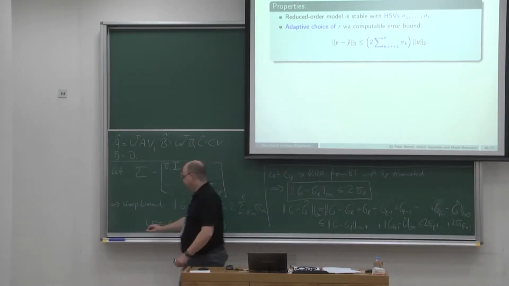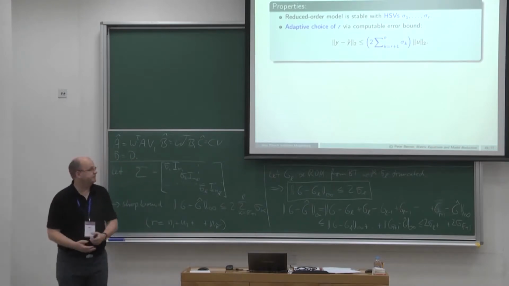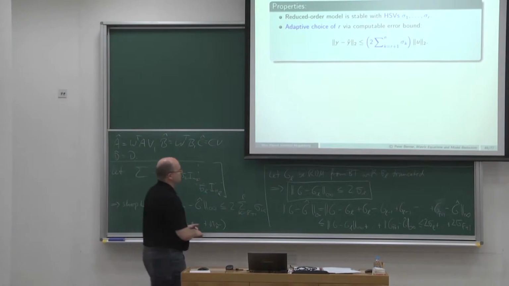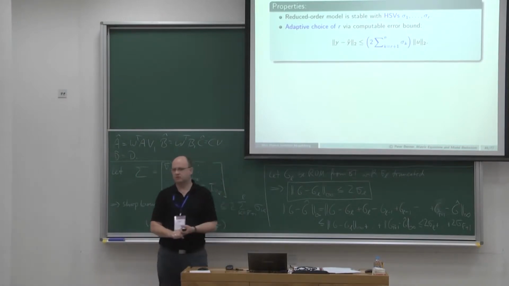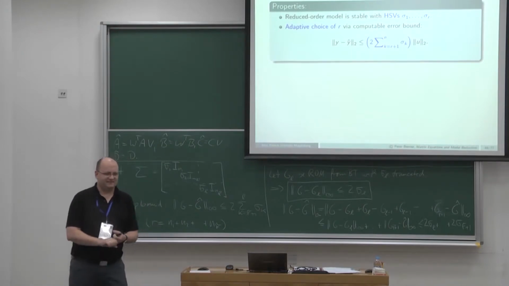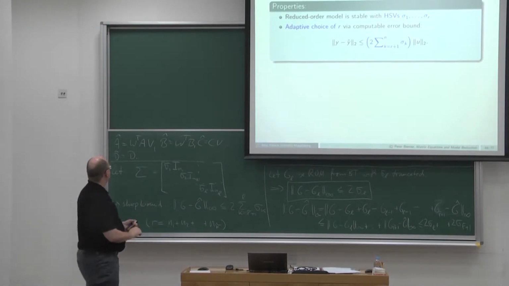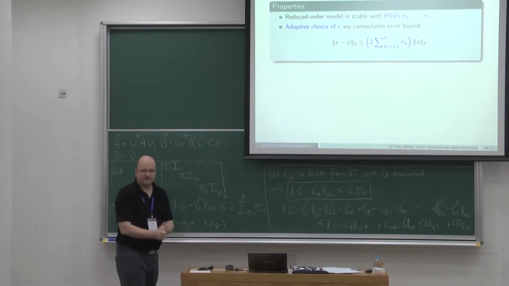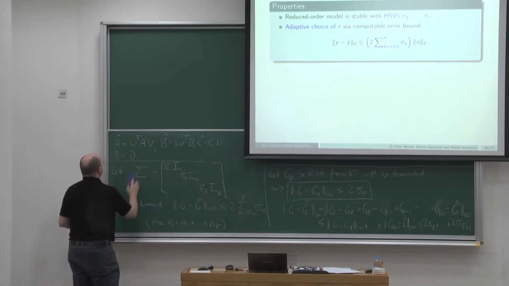All right. So that's the error bound. You can find the proof in Antoulas's book. It requires you to read the whole book until that point, and it's only coming on page 400 or something like that.